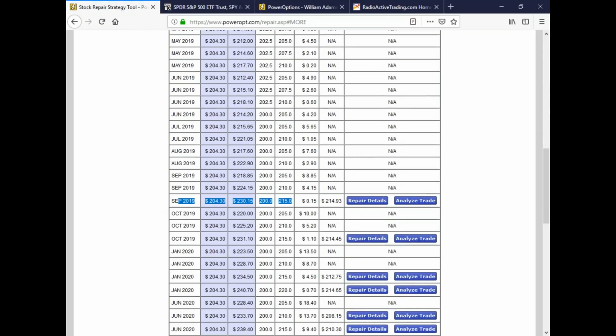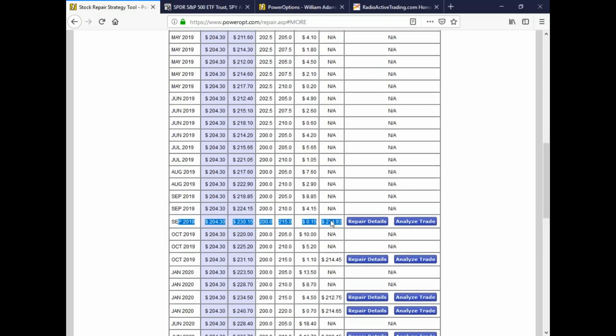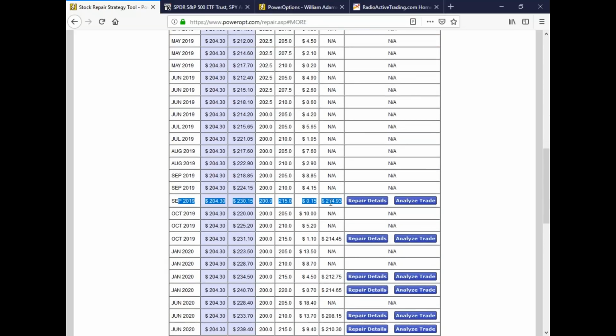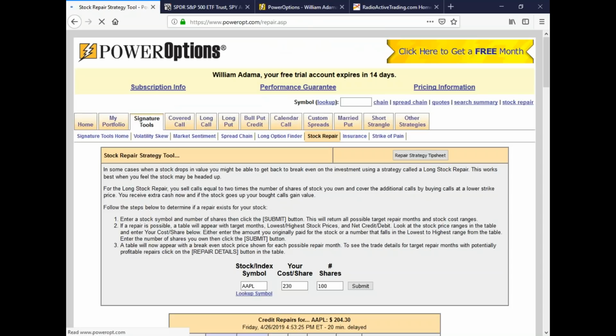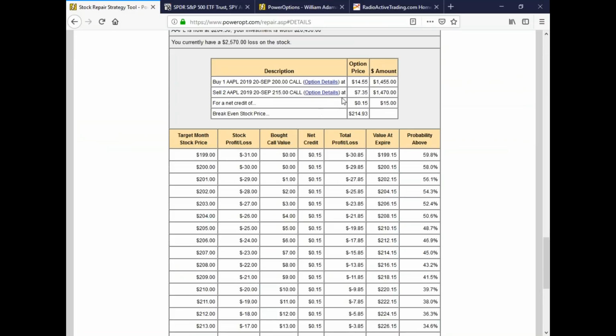See, there's some repairs out for September where you see here, I've lowered my break even down to 214.93 by some combination of the 200 and the 215 strikes. Essentially, I buy one 200 and sell two at 215, and I get a 15-cent net credit. Well, how does that work? You're buying one 200 call at 14.55 and selling two 215s at 7.35 for 14.70.